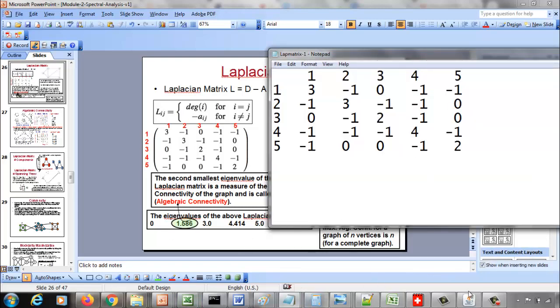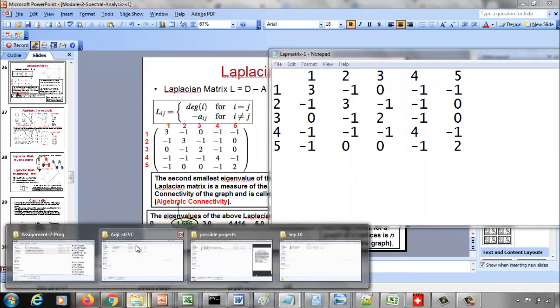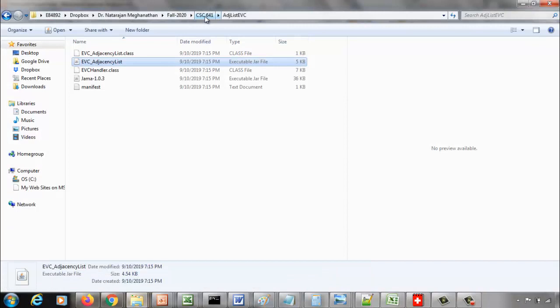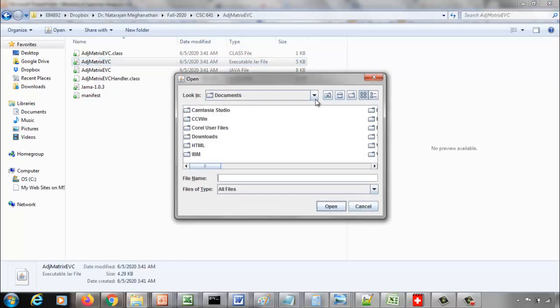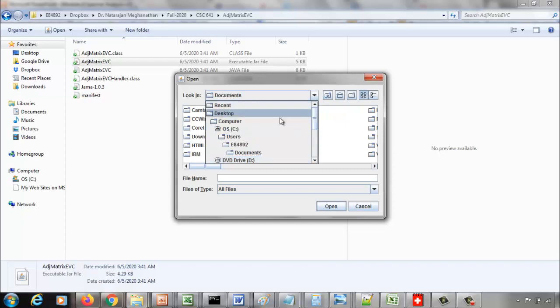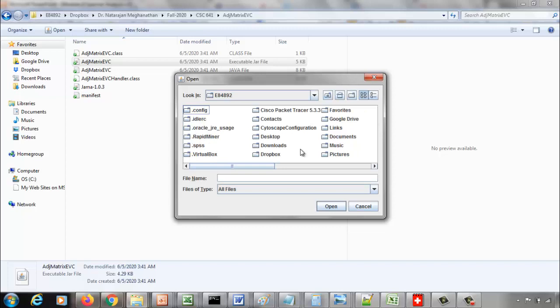So now open your eigenvector executable based on the adjacency matrix. Double click on that jar file. Now load that text file that you just saved for the Laplacian matrix.